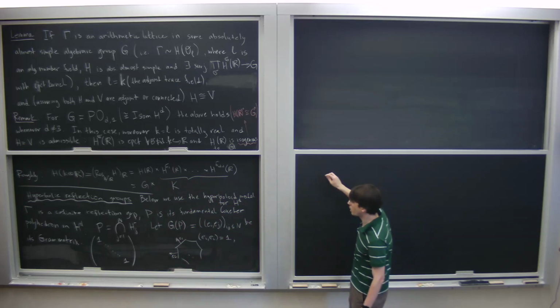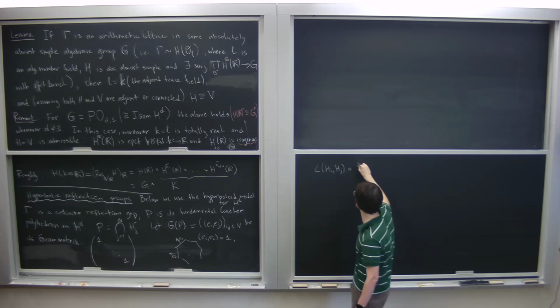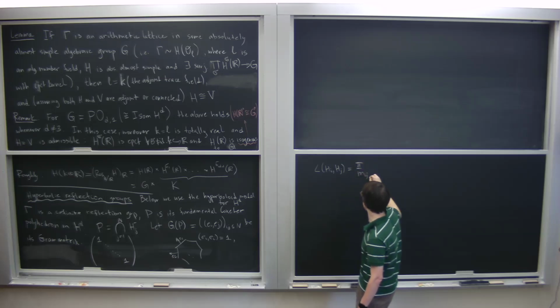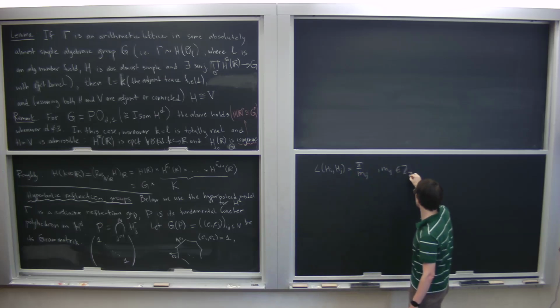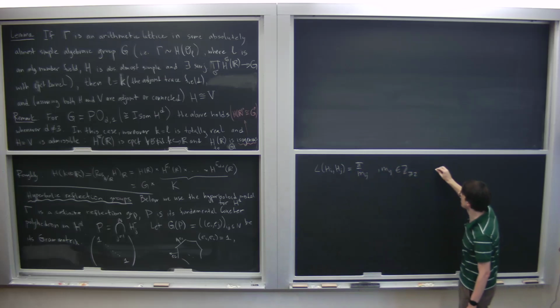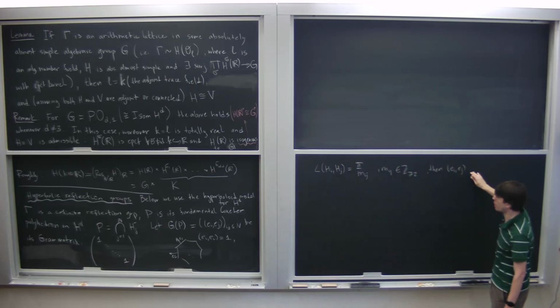Okay, so we have the following options. If the dihedral angle is pi over m_ij, then the scalar product of e_i and e_j is in fact equal to minus cosine of this angle.